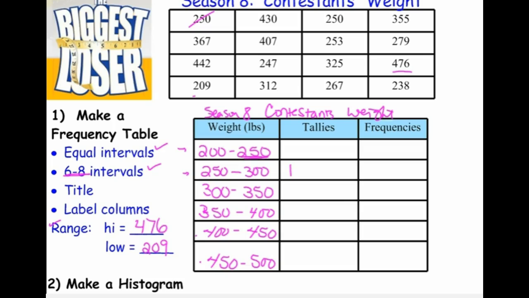So that's going to force it to go down into that next category. 430 hits right here. 250, again, 355 here, 367, 407, 253, 279, and why don't you take off from there.